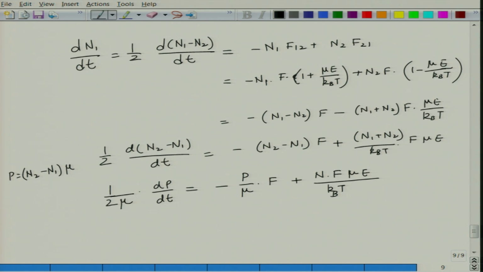So is everything all right? Now we can do one more thing. We can bring this F here: dP/dt plus 2F P is equal to 2F N mu squared E divided by kBT. F is the jump probability, which is in per second, a frequency.